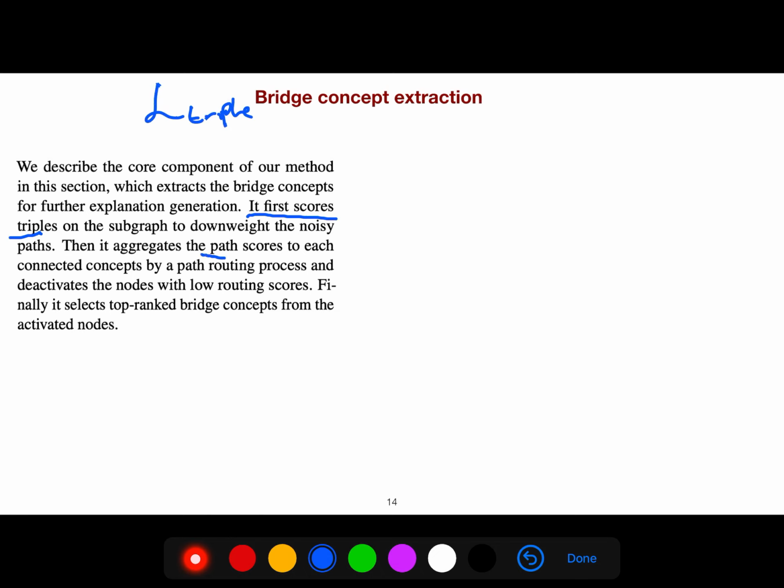Then it aggregates the path scores to each connected concept by a path routing process and deactivates the nodes with low routing scores. Finally, it selects top-ranked bridge concepts from the activated nodes.